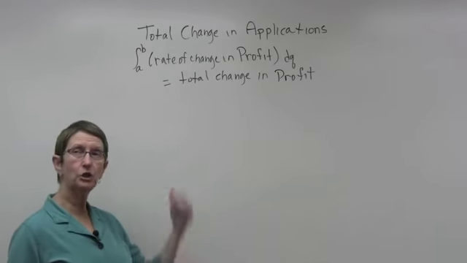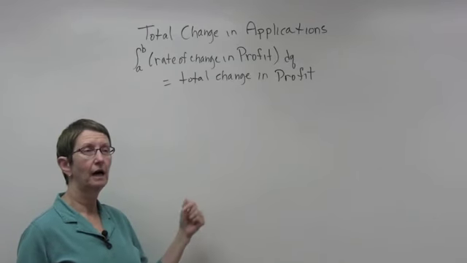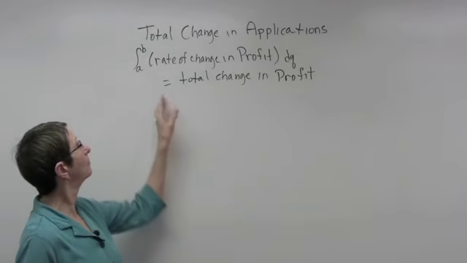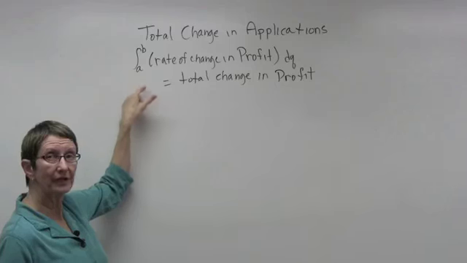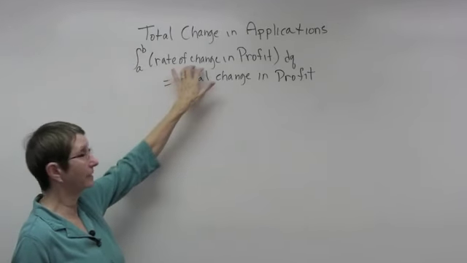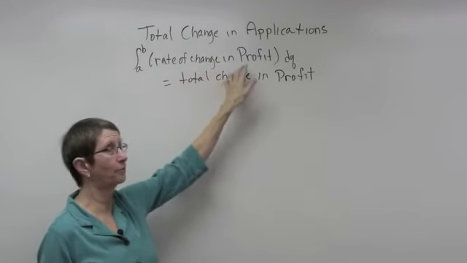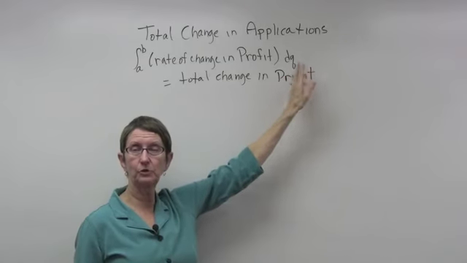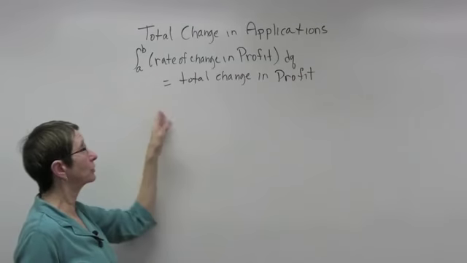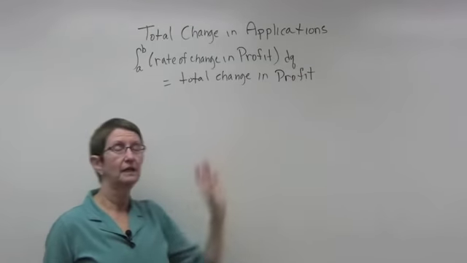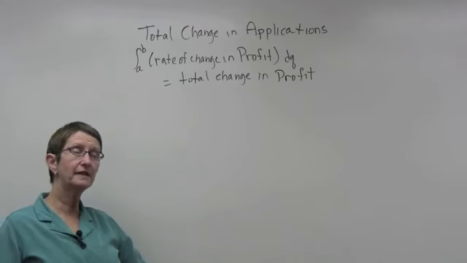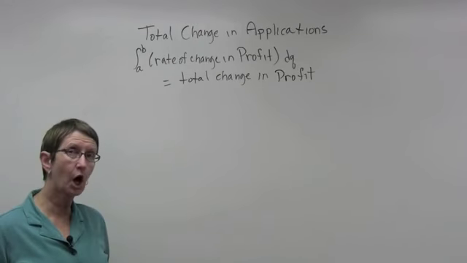Now we're going to look at total change in applications. You've seen this before. As a reminder, in general, the integral from A to B of a rate of change of anything, say profit, dq, which means q is the variable, is equal to the total change in the profit. For example, for profit, remember profit is revenue minus cost.